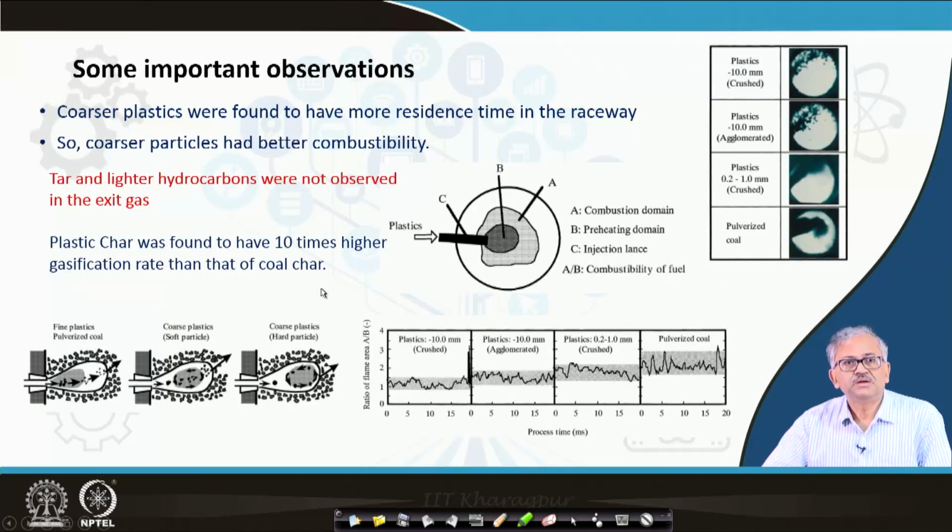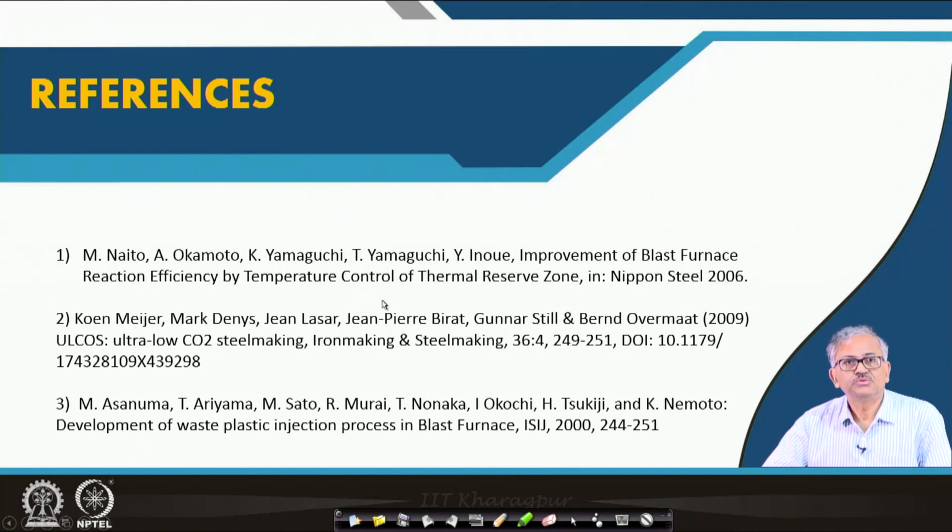So these are the very basic references that you have been given. These are the references that you can go through, and these are mostly Japanese papers. This is the second one: the blast furnace performance increased by reducing the isothermal zone temperature.